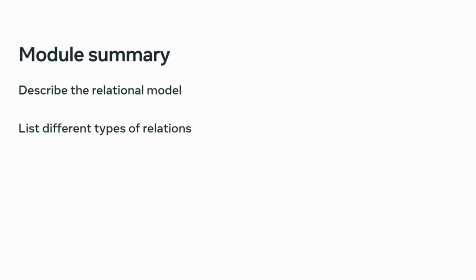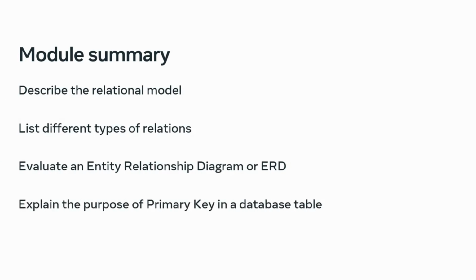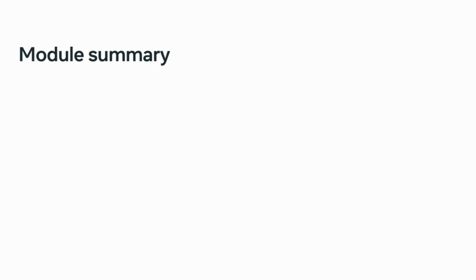You then moved on to explore relational database design. In this lesson, you learned how to design a relational database. Having completed this lesson, you should now be able to describe the relational model, list different types of relations, evaluate an entity relationship diagram, or ERD, and explain the purpose of primary key in a database table.